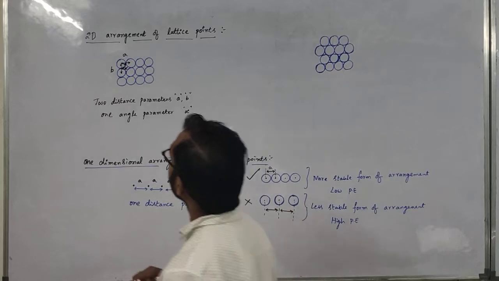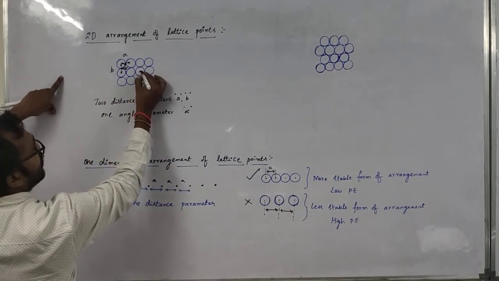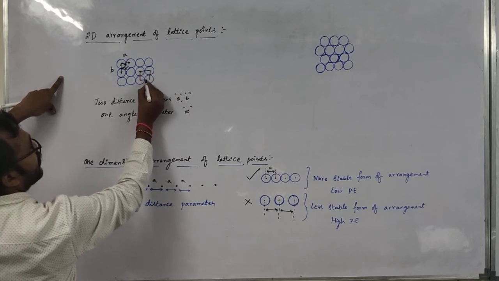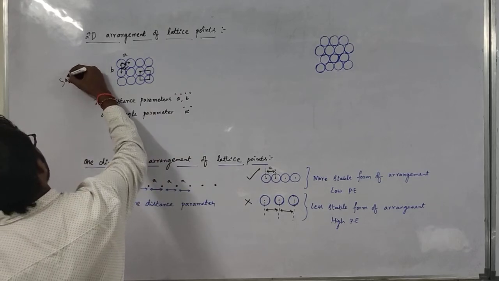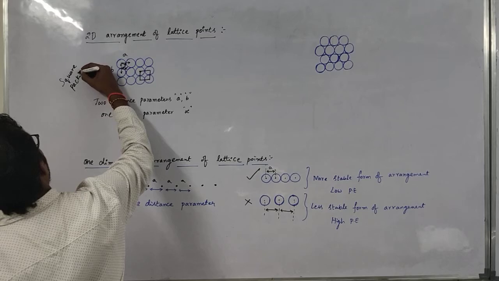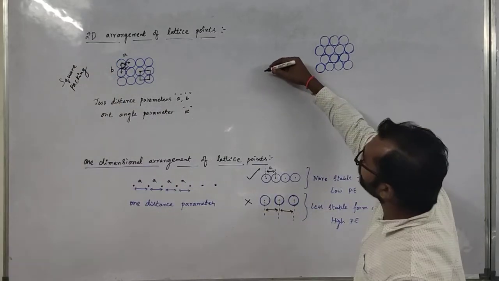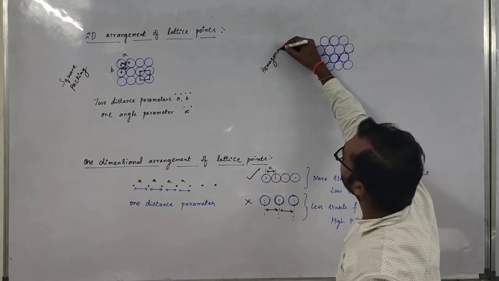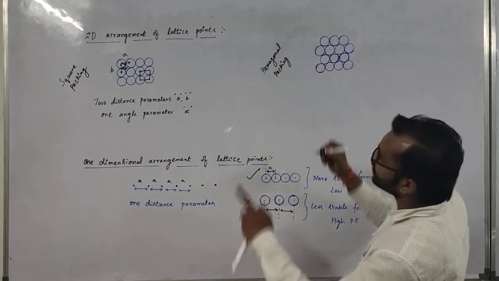This is called a square type of pattern because it is forming a square way of arrangement. We call this square pattern, that is square packing.